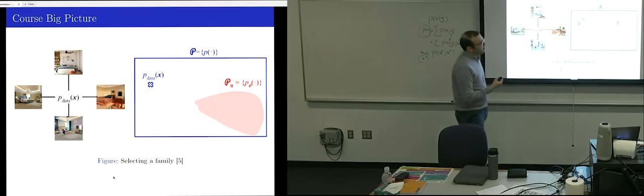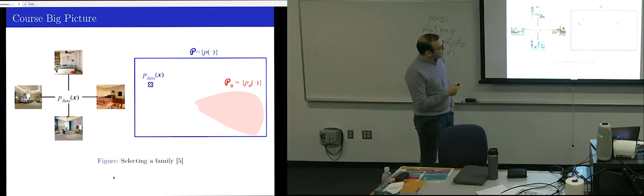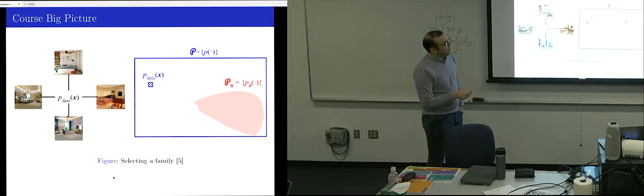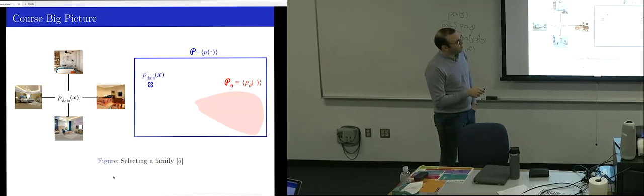What do we want? The first task is to select a family inside this complete box. These are all possible distributions we can consider, and we want to select a subset of that, which is parameterized by theta. We always want to parameterize the distribution using theta, so you always see this notation too.